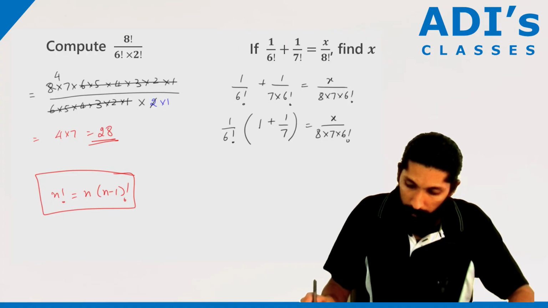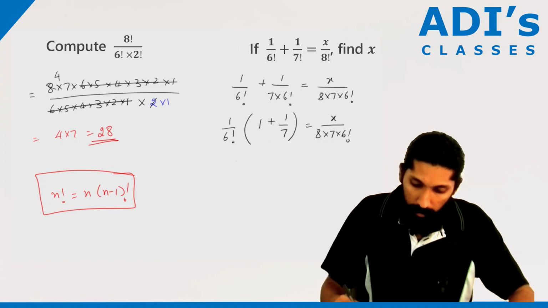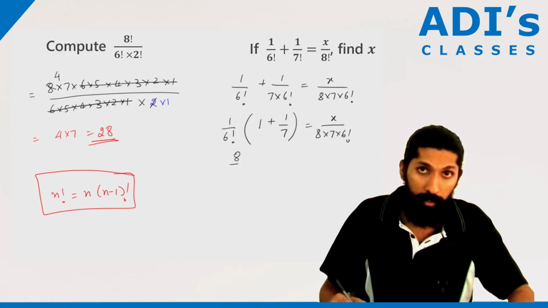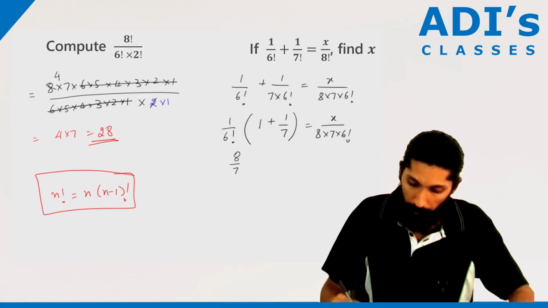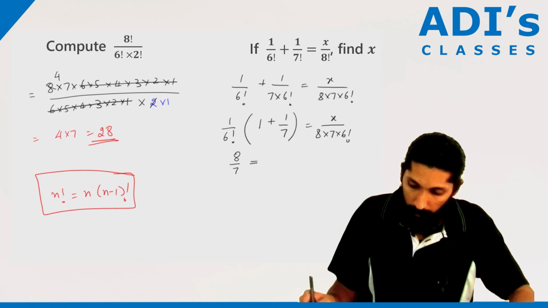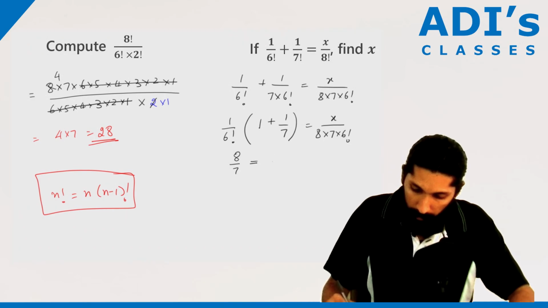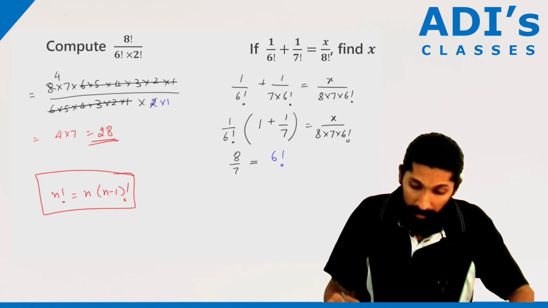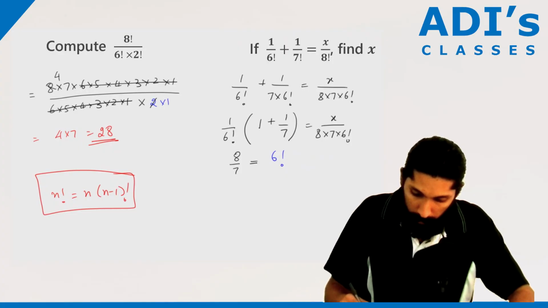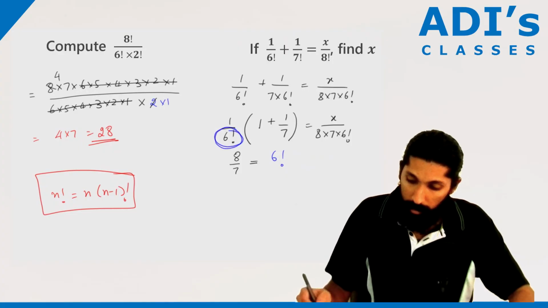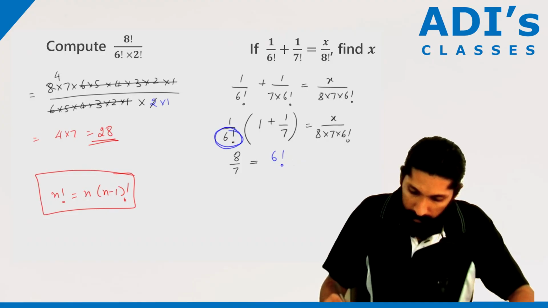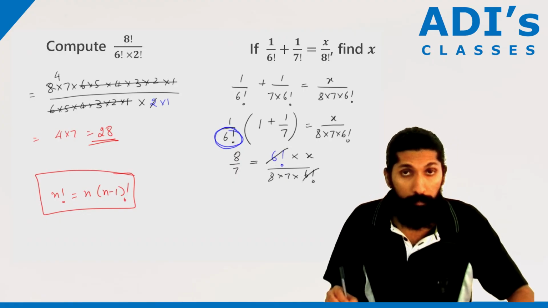So what you have now is that, on the LHS, 1 plus 1 by 7 becomes 8 by 7 after taking LCM. So 8 by 7 is equal to 6 factorial into x by 8 into 7 into 6 factorial, where the 6 factorial is the one from the LHS. 6 factorial gets cancelled.